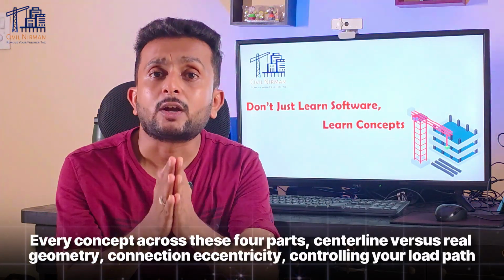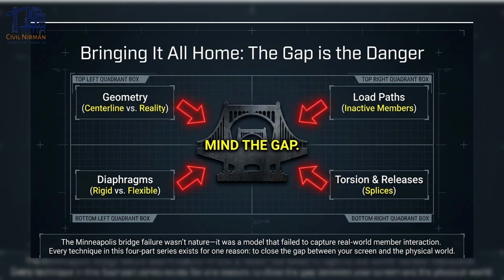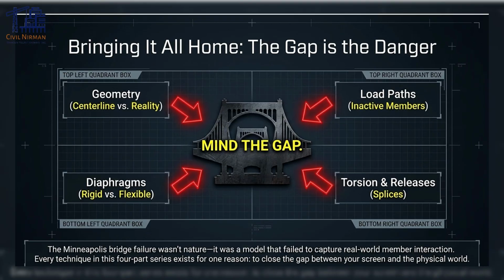Every concept across these four parts, let's say centerline versus real geometry, connection eccentricity, controlling your load path with releases and inactive members, choosing the right diaphragm behavior, and honestly modeling torsion and connection stiffness, exists for exactly one reason: to close the gap between the structure on your Staad screen and the structure real people are going to stand inside, drive under and trust with their lives.